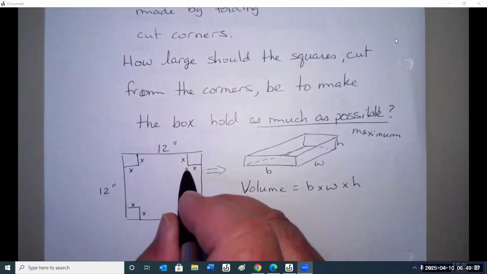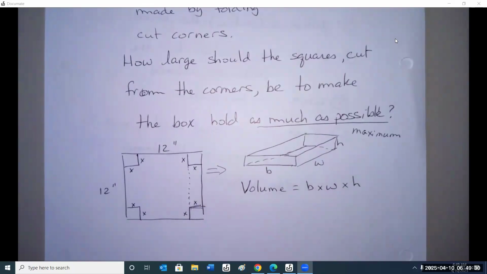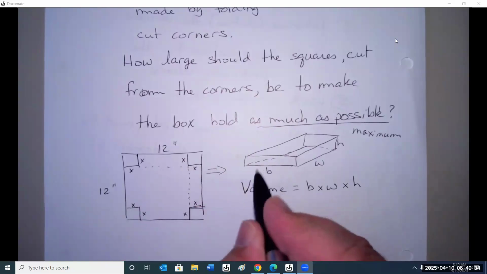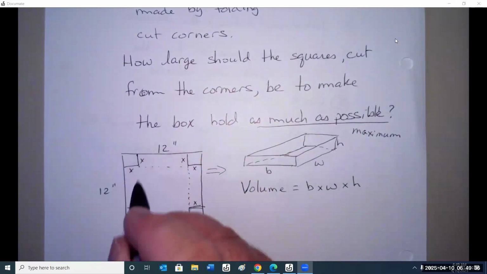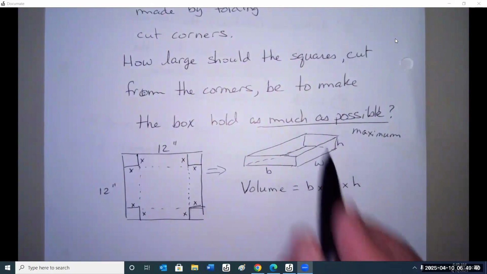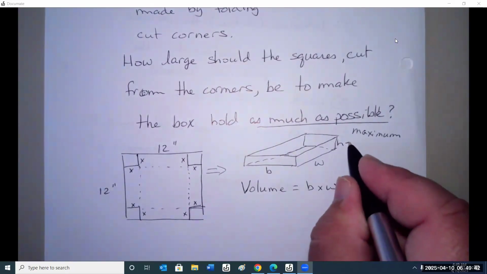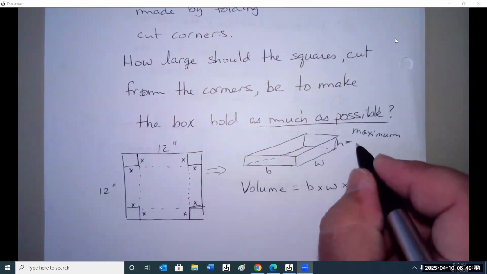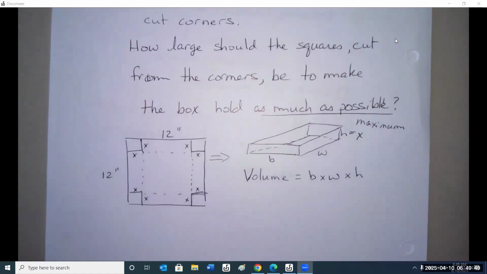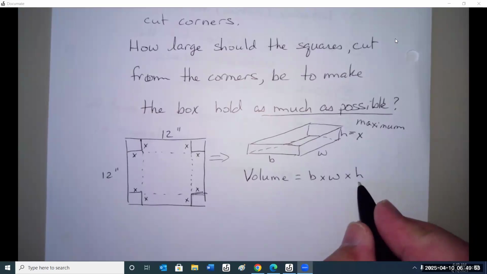So once we cut them, we fold it there. So that gives us this wall. We cut these, we can fold it here, we get the front. We cut these, we can fold it there, we got the other side, and we fold it there, and we got the back side. So the height is what our x variable is. Right, so that's what h is.